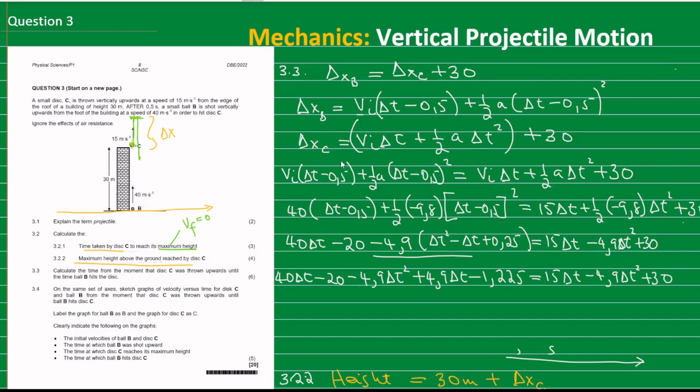Something will cancel out here. I think there's a negative 4.9, there's a negative 4.9, we'll take it out.